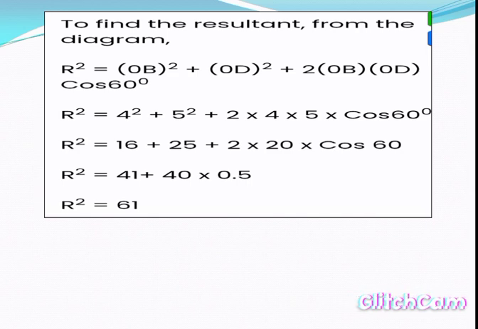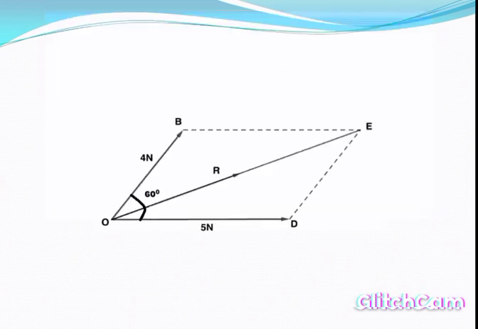In place of minus 2 OB times OD, we replace it with a plus, because the cosine is actually the cosine of the angle between the two vectors. If you take a look at the diagram, you'll find that the angle between the two vectors OB and OD is 60 degrees.